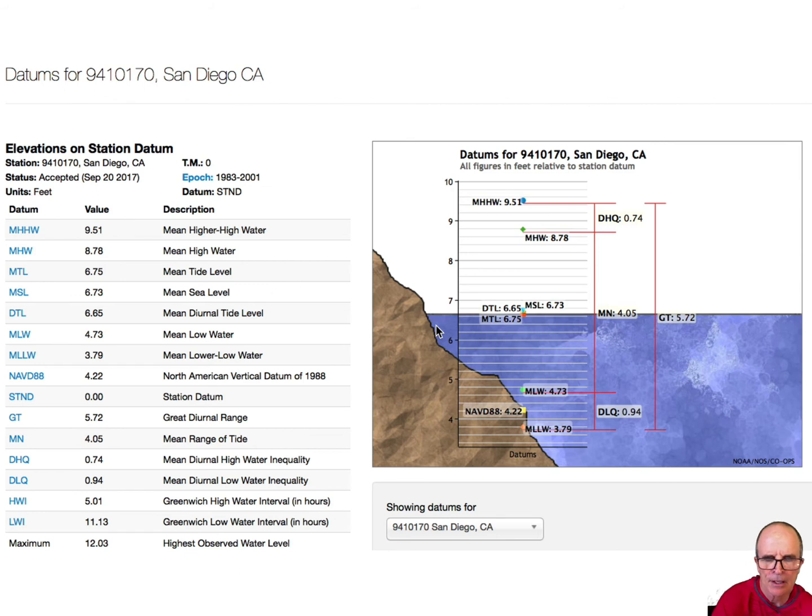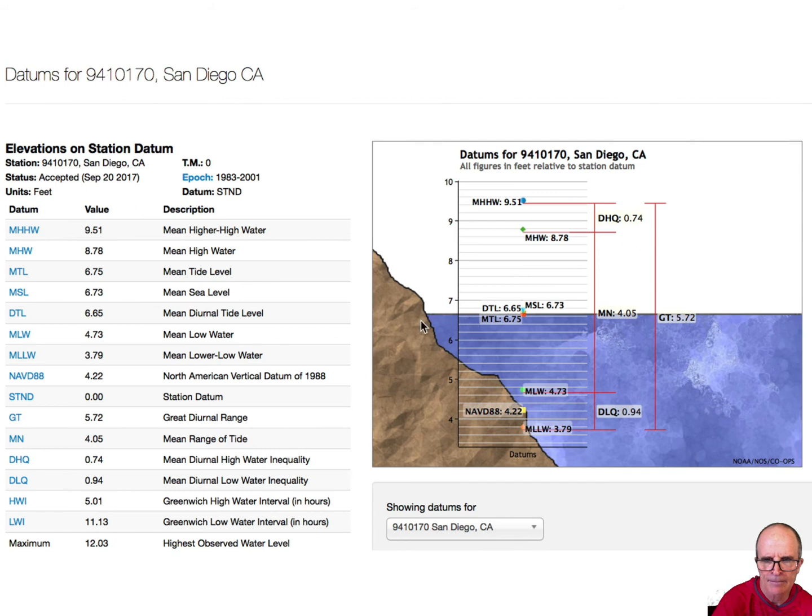And so there's a NOAA website that gives you sea level heights, and they have a local datum. So they have a 0 for sea level height, and they have a mean sea level height that's 4.05 feet above that datum, right?